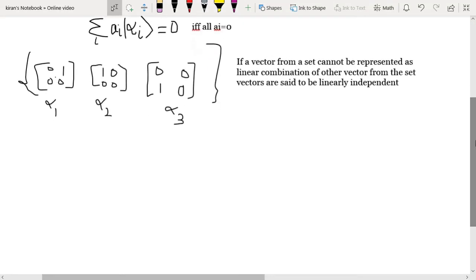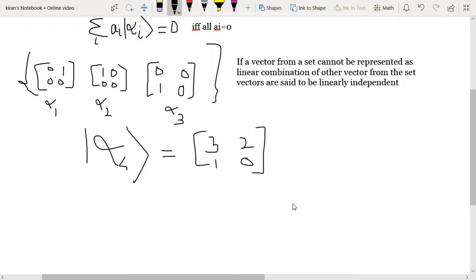What about this? If I add, let's say, alpha 4, which is 3, 2, 1 and 0. So I have 4 vectors now: alpha 1, alpha 2, alpha 3 and alpha 4. Is this set of vectors linearly independent? No, because I can represent alpha 4 in terms of alpha 1, alpha 2 and alpha 3.